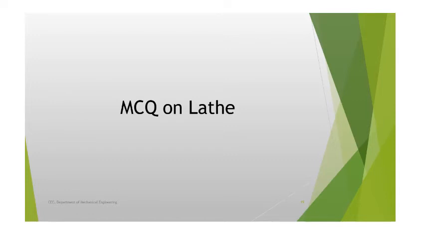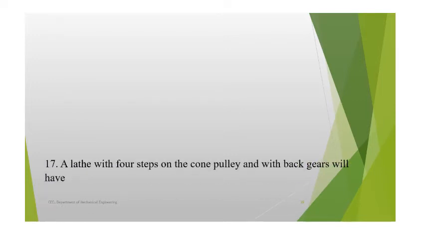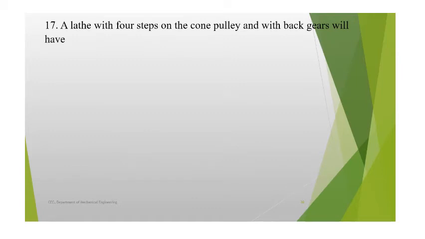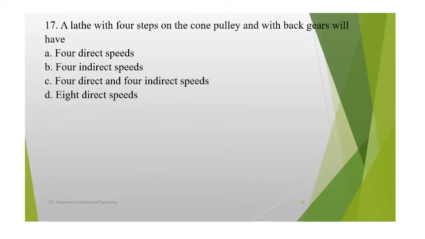MCQ on the lathe machine, question number 17. A lathe with a 4-step cone pulley and with back gears will have: 4 direct speeds, 4 indirect speeds, 4 direct and 4 indirect speeds, or 8 direct speeds.